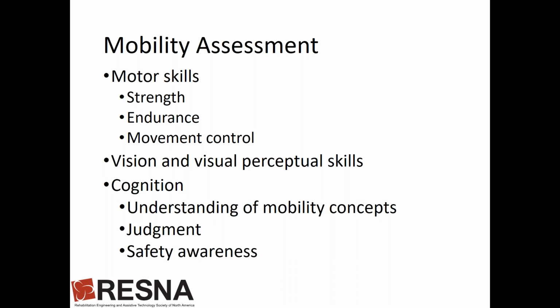Vision and visual perceptual skills, we need to be able to rule out that there aren't any impairments. And sometimes we are doing this through a trial. And so we're having them get into a power chair. And if we see that they tend to have an inattention to one side, we may want to go back and do some quantitative assessments.